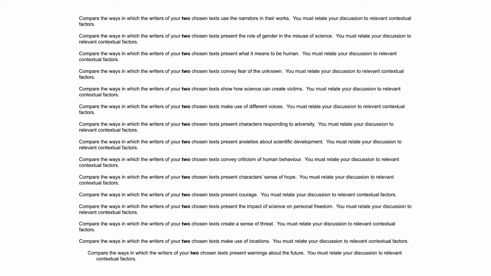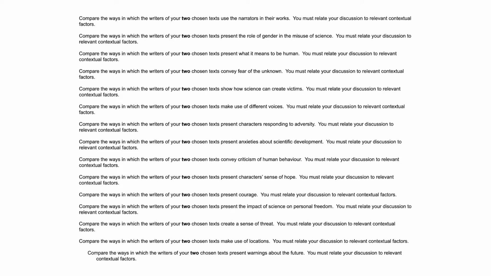So, compare the ways in which your two chosen texts use the narrators in their works was an early exemplar question that was technical. Relate to relevant contextual factors. Compare the ways in which the writers of your two chosen texts present the role of gender in the misuse of science.